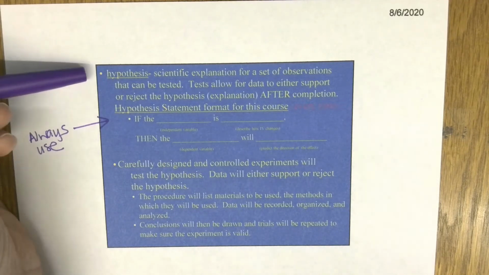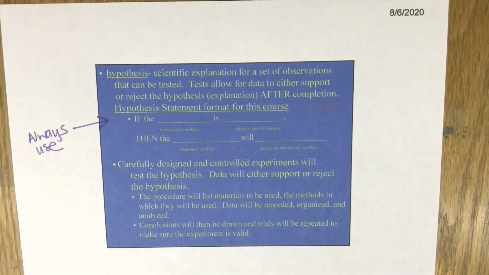So your hypothesis cannot be right or wrong, and I would write that down, okay? It's an educated guess. Sometimes we hear that phrase, but that's not the actual definition. So you can't say my hypothesis was correct or incorrect. You can say the data either supported the hypothesis or it rejected the hypothesis. Or you could say the hypothesis was accepted or not accepted. That's another way to talk about that.